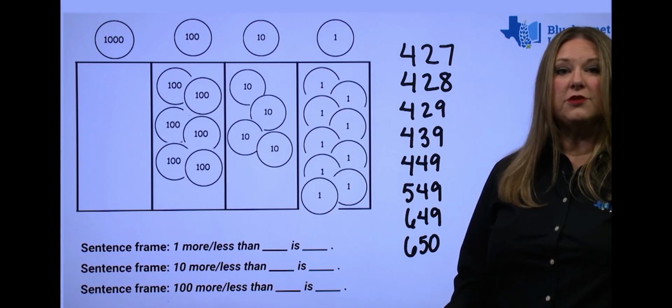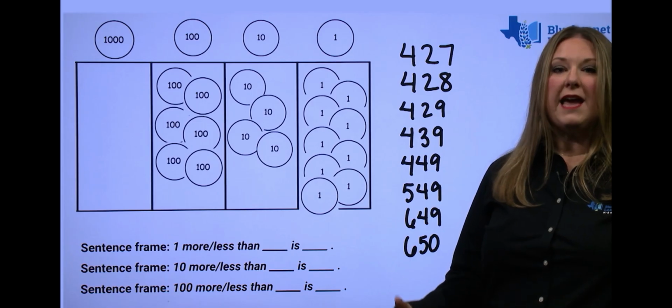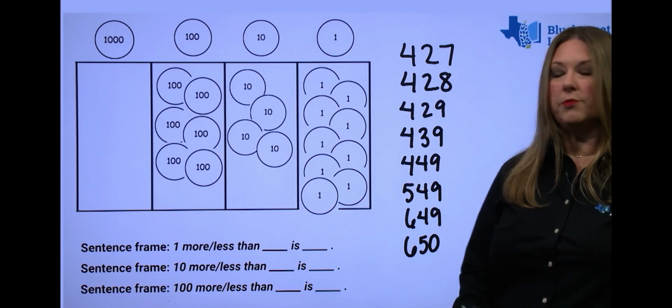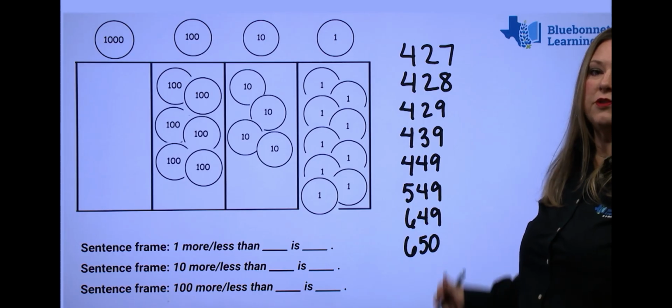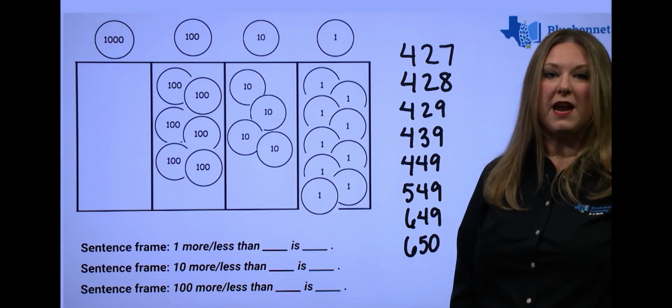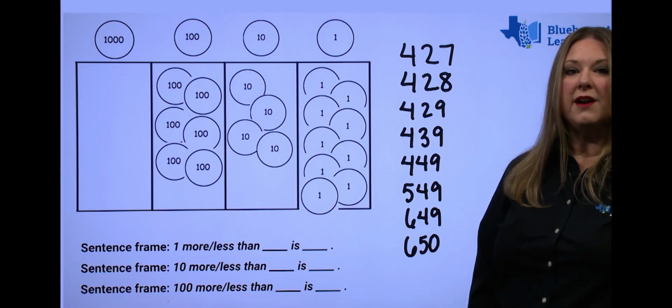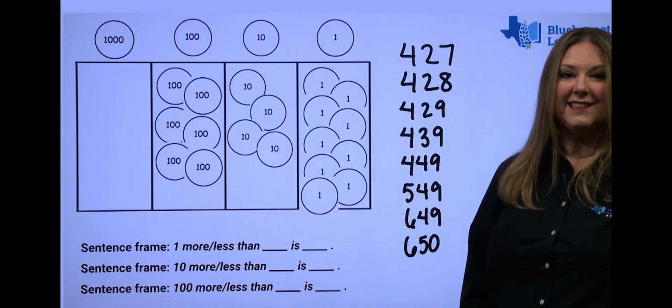That's right, 650. So when we go past a 10, we have to rename or regroup. So really, 649 and 650 are 1 away. So we will use the sentence frame of 1 more than 649 is 650.